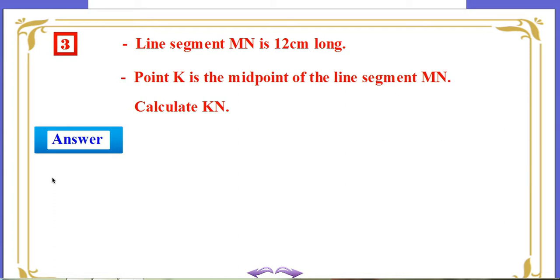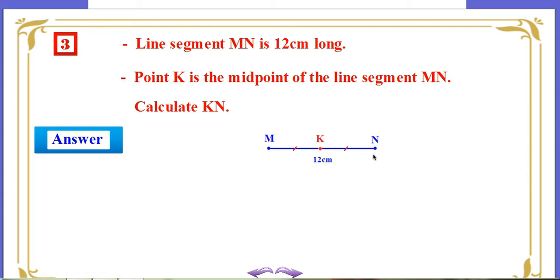First, you have to draw the line segment MN with 12 cm long. After that, you put the point K in the midpoint of the line segment. So you have KM equal KN.